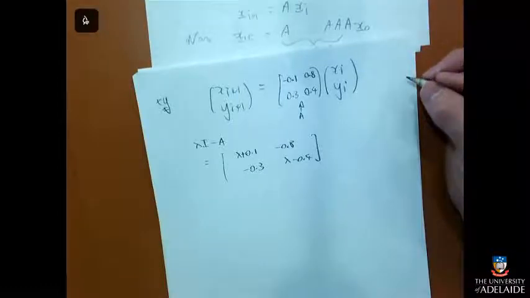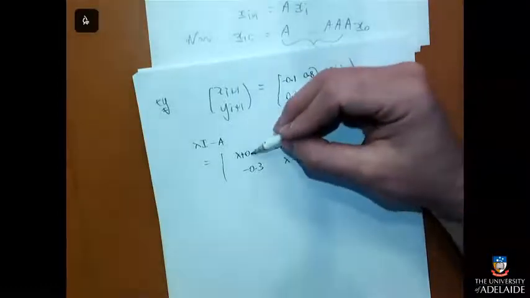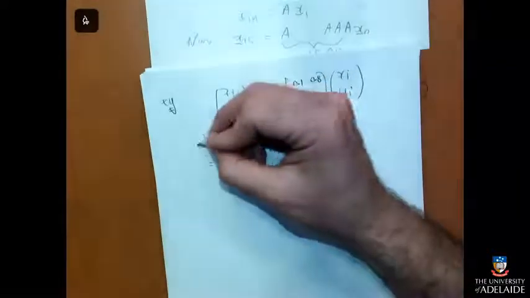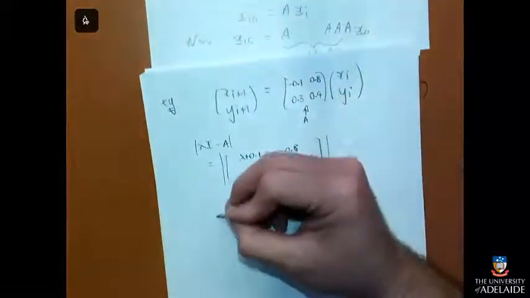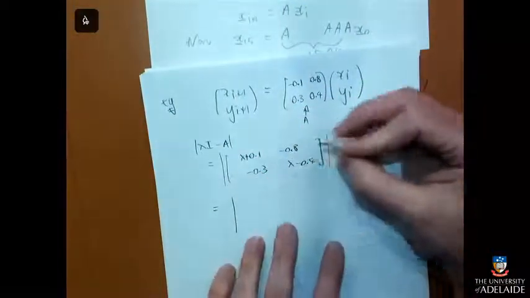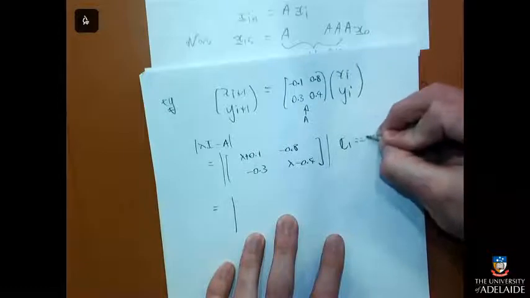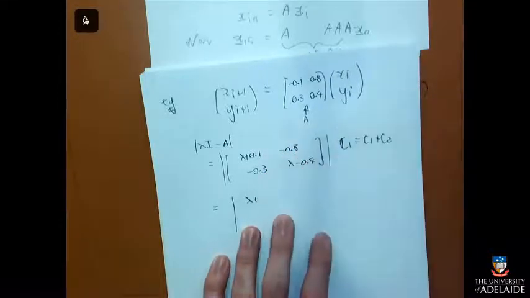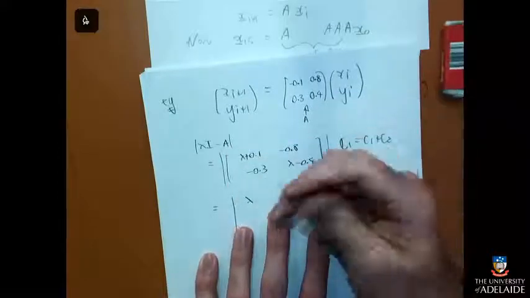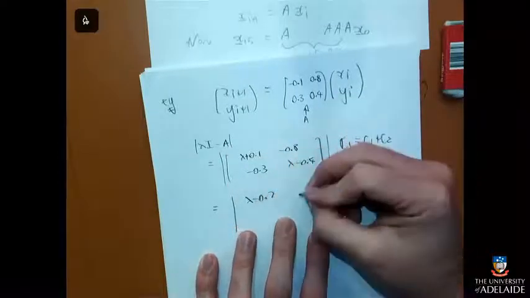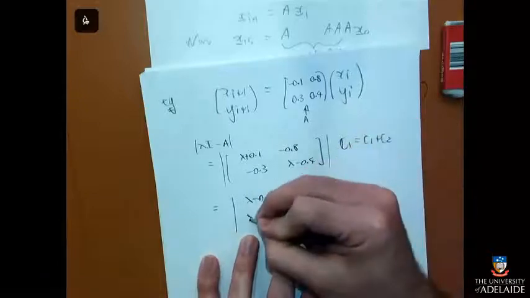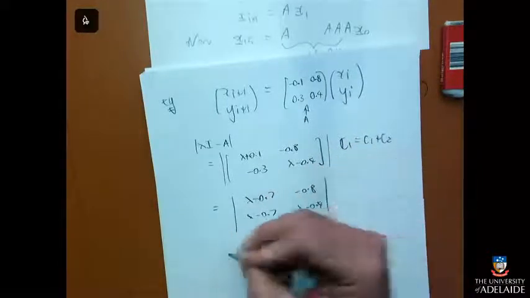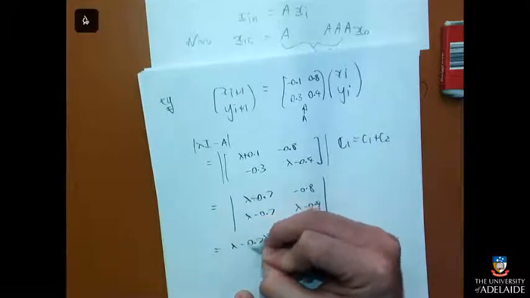Just going to check what happens if I add these together. Column 1 is column 1 plus column 2. Minus 0.7. I can bring my lambda minus 0.7 out.